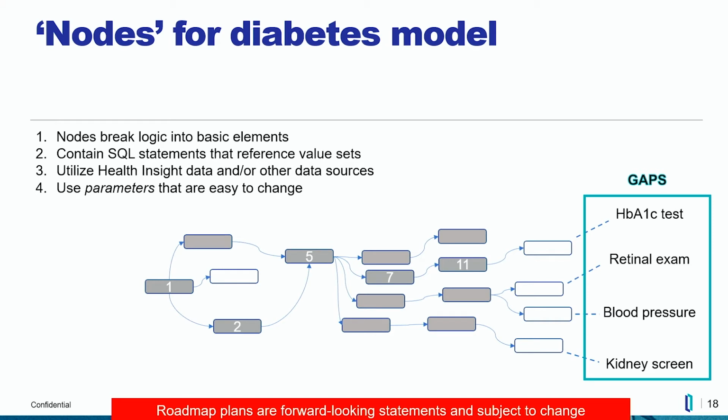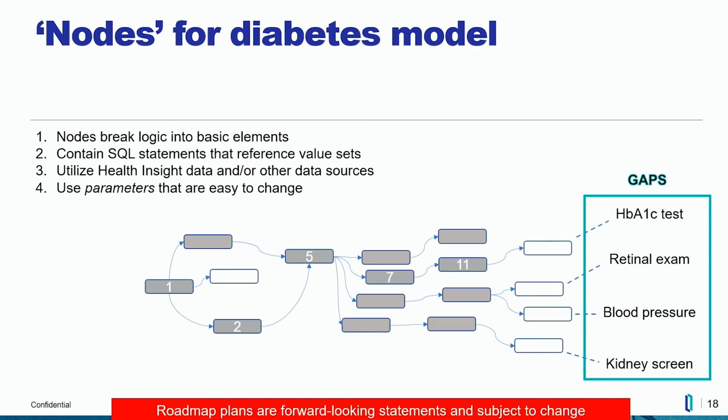Maybe you have a node for whether they got a lab test for their kidney function, and another node for a retinal eye exam, another one for blood pressure. And so you define these nodes, and actually InterSystems is defining these nodes so that you don't have to. Look, we'll give you a starter set. And so we create a node for each of the elements that's important in the diabetes model.